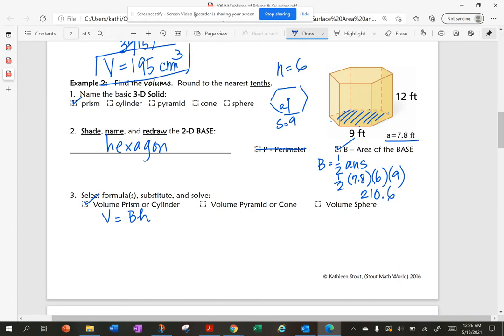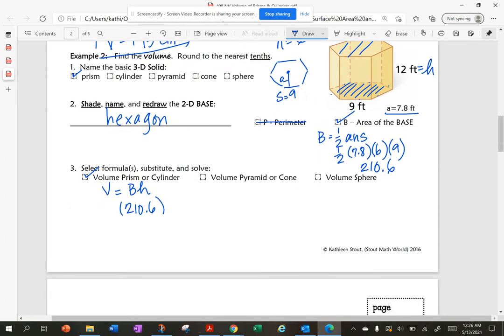Substituting in, I have 210.6 times the height. The height of my prism from base to base is 12. So 210.6 times 12, and my volume is 2,527.2 feet cubed.